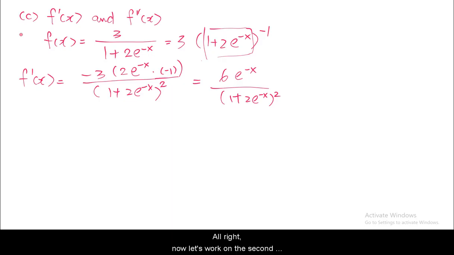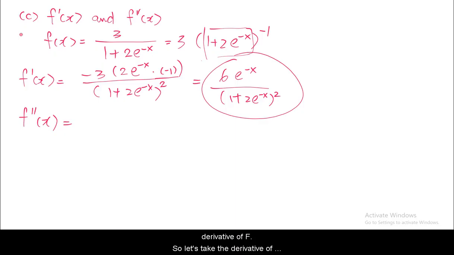All right, now let's work on the second derivative of f. So let's take the derivative of the first derivative of f of x.